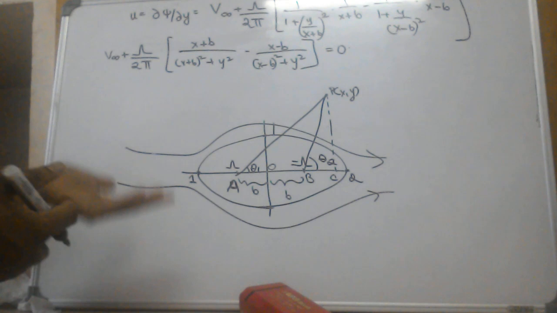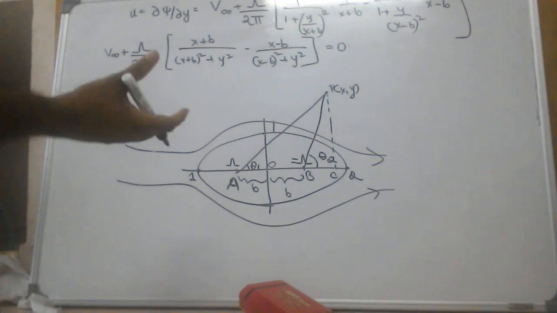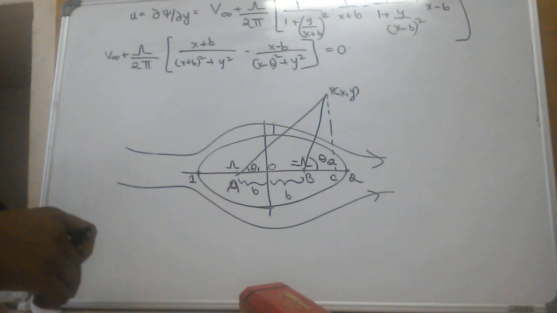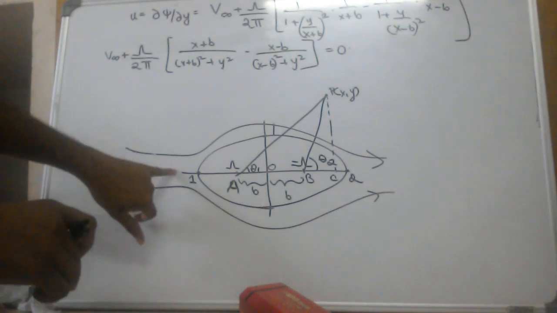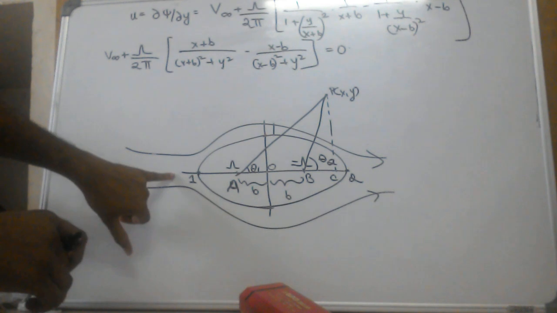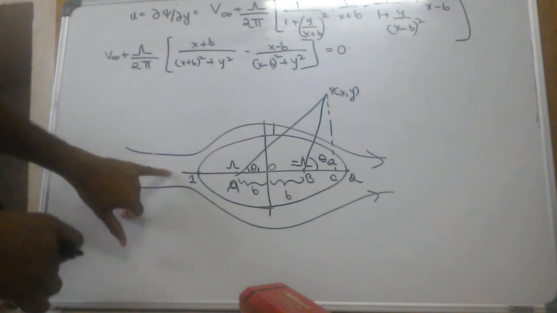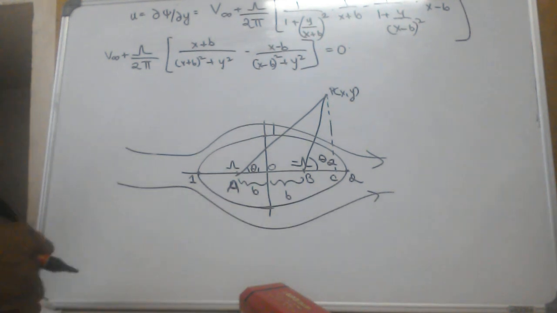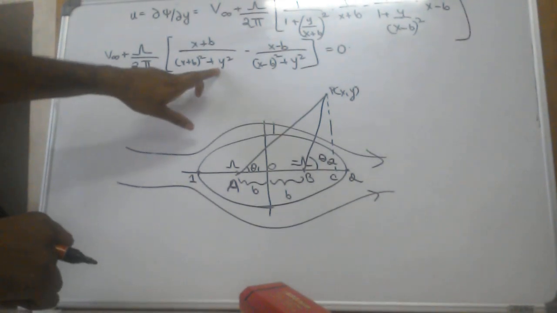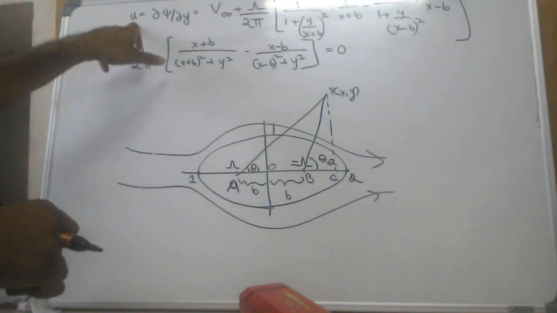But that would involve more manipulations. But here I can argue that just from the basis of symmetry. So at y equal to 0, I'm saying that the y component of my velocity is 0. So I plug in y equal to 0 here to find out for what x my u velocity goes to 0.